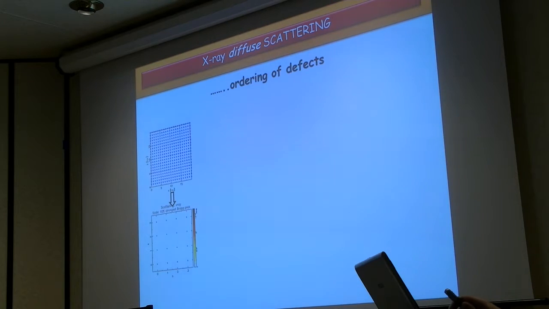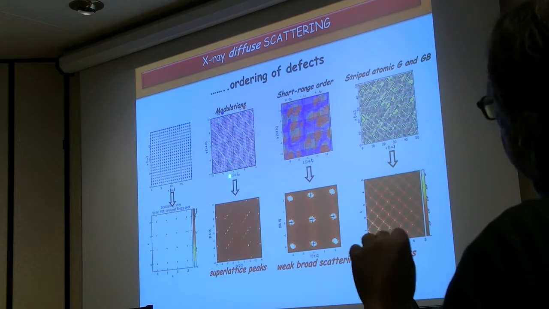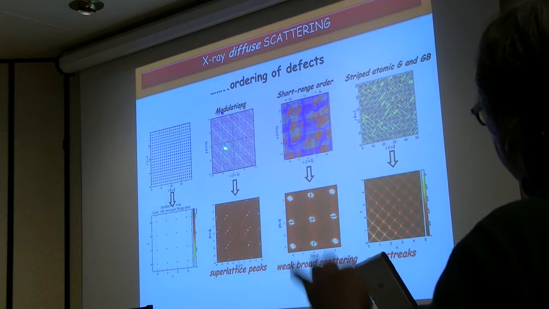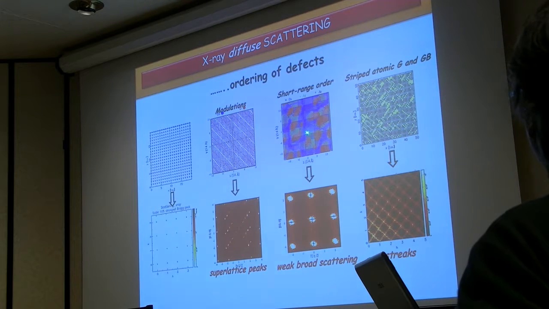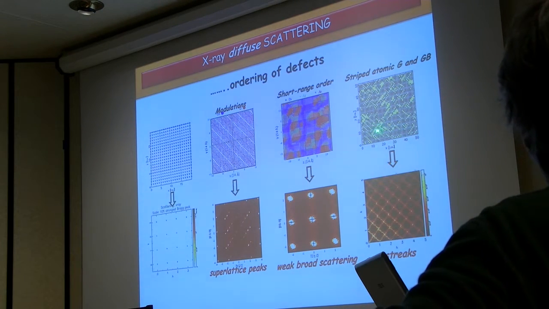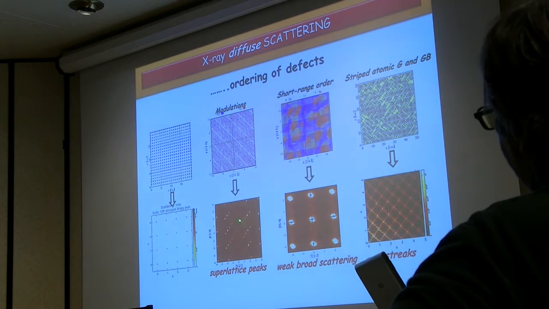But if you modify the structure, for example by modulating it, introducing some interstitial atoms in a precise site, forming local microdomains, or adding vacancies or interstitial atoms in a preferential direction, you get a feature in the diffraction pattern known as diffuse scattering.